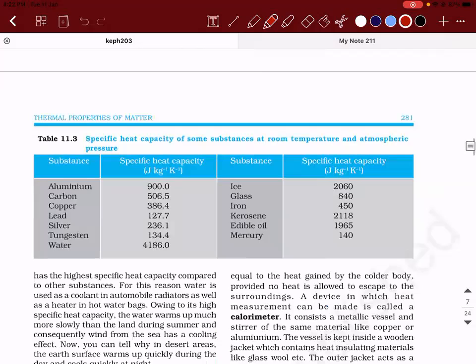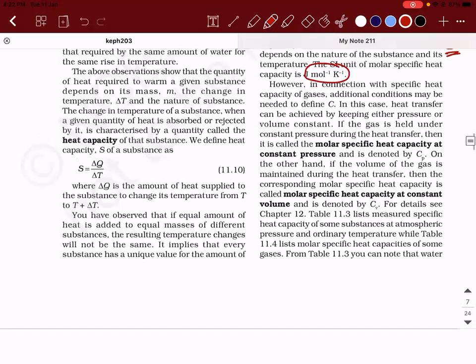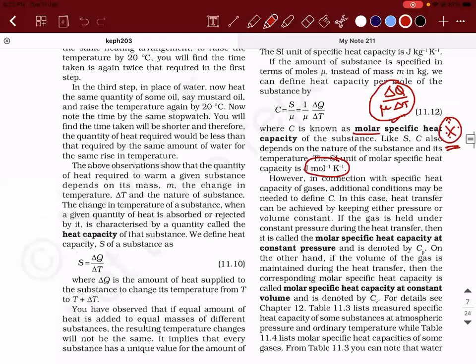Sir, even the representation of molar heat capacity is also C. Here they have mentioned it like that, but yeah, generally it is C only. C generally for molar specific heat, right? In the next chapter when we discuss, we'll be discussing under two conditions. We'll be talking about molar specific heat under constant pressure or molar specific heat under constant volume. So we generally write it as CP or sometimes we write it as CV.